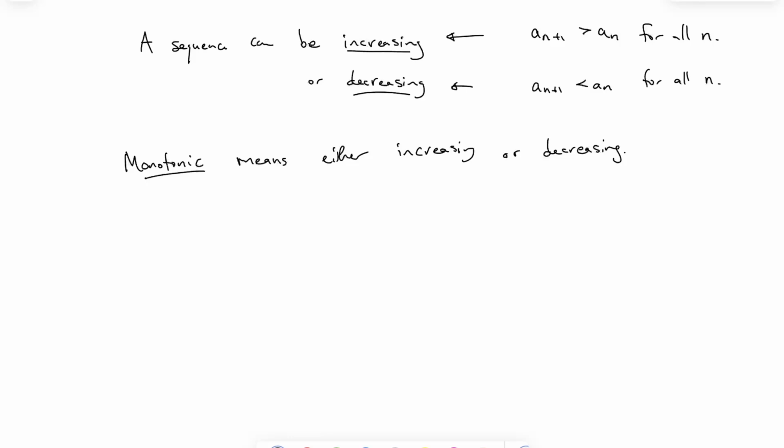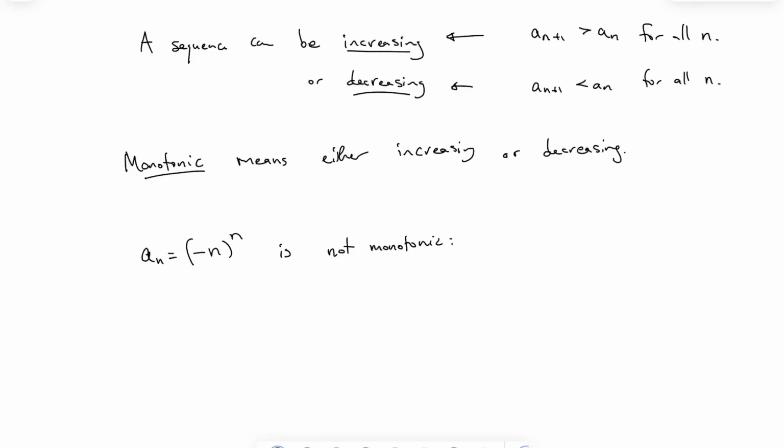So here's an example: (-n)^n. This is not increasing or decreasing. This is not monotonic. If this is your job on the homework, to show that this is not monotonic, actually this is quite easy.